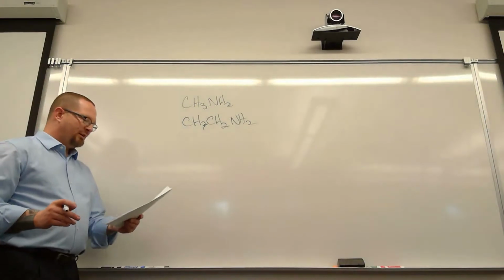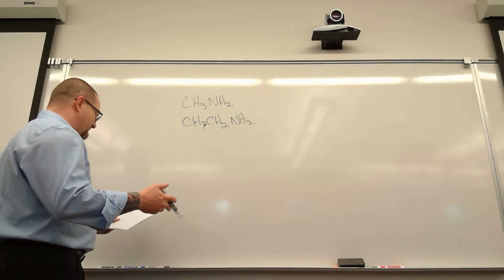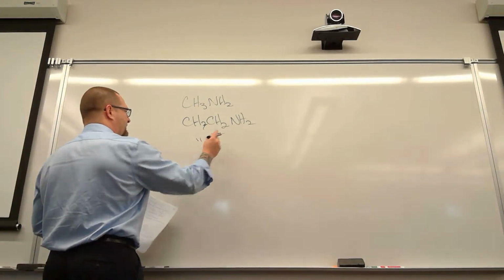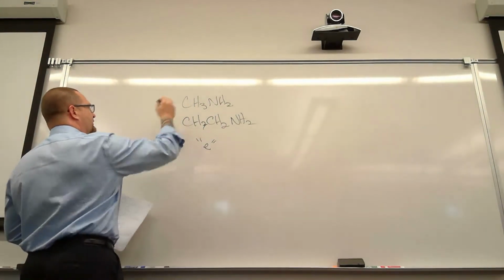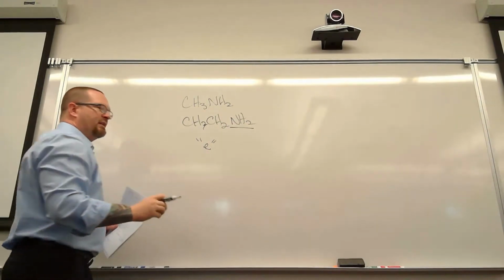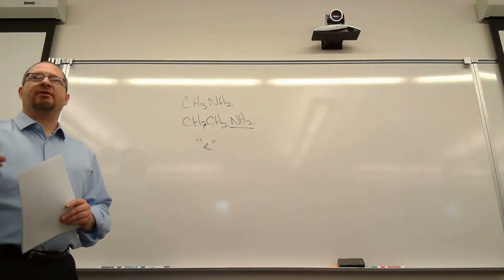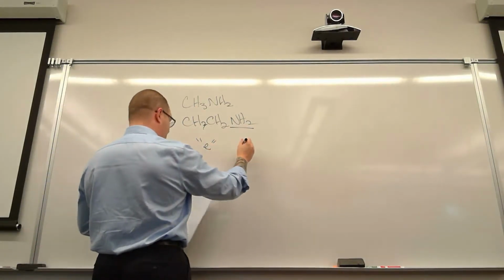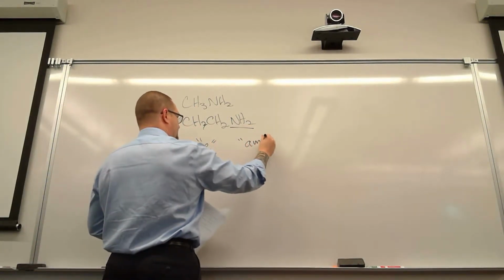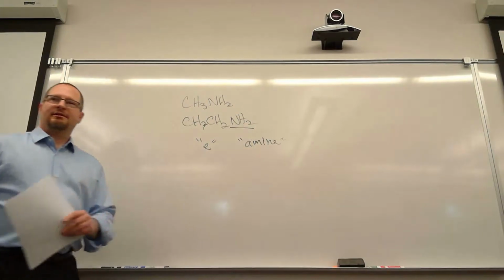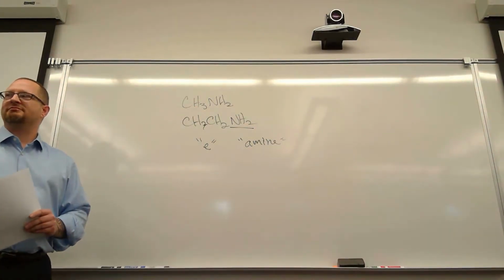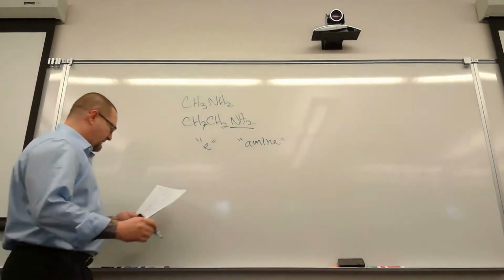It's when we get a little bit larger, and as we substitute this functional group and name it as an amine instead of an alkane, we're going to take the E off of the alkane and substitute amine. So that's not too hard to remember.